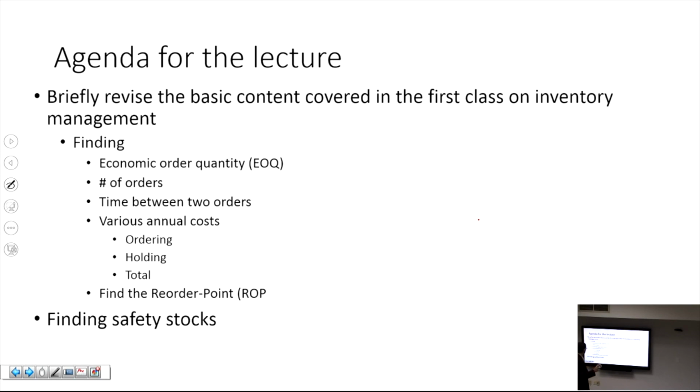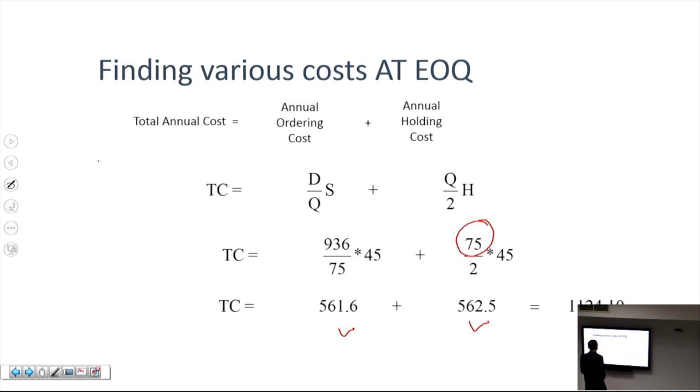So that's a brief review of the stuff we did on the first day of our class for inventories. The most important thing, find EOQ, which is the economic order quantity. Again, what is EOQ? EOQ is that order size which minimizes your total cost of inventories for the entire year.